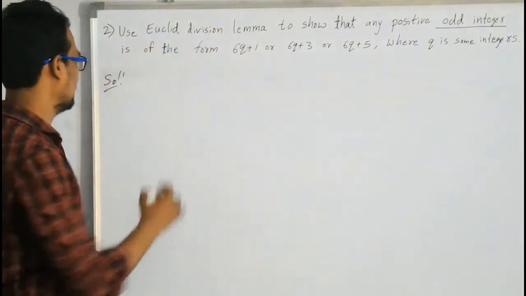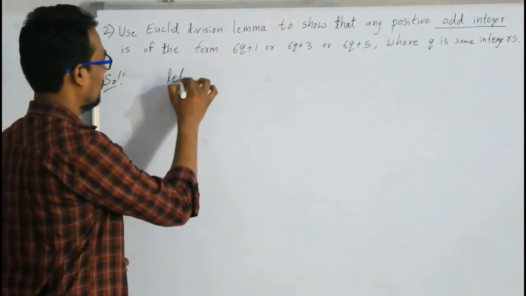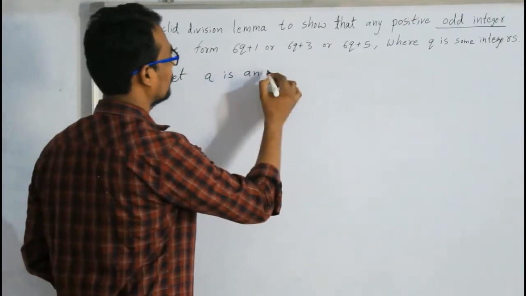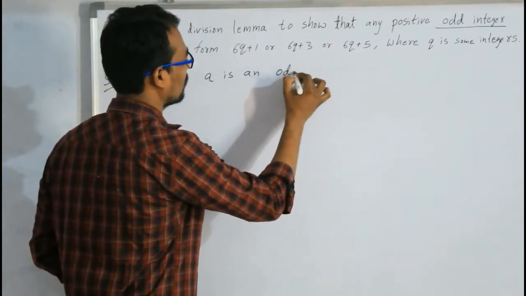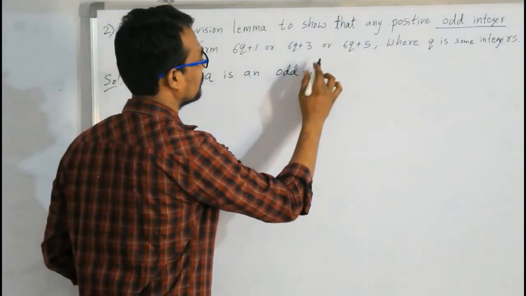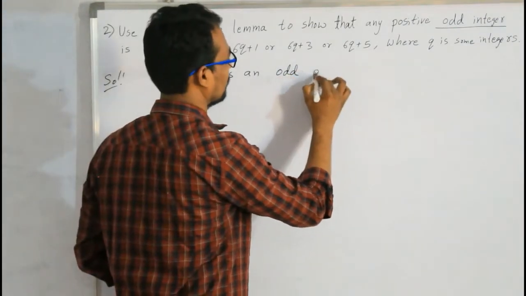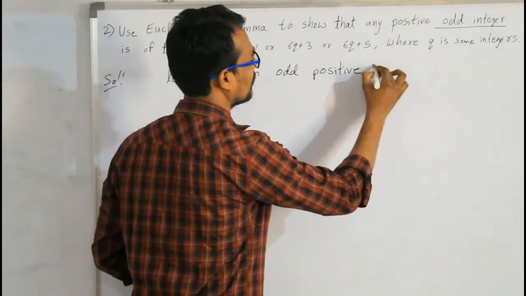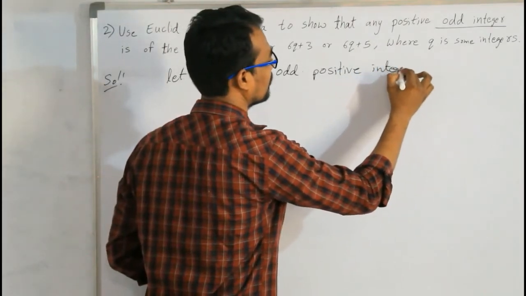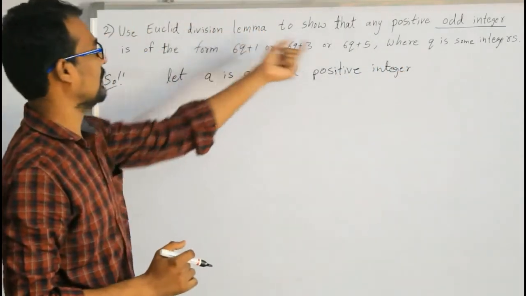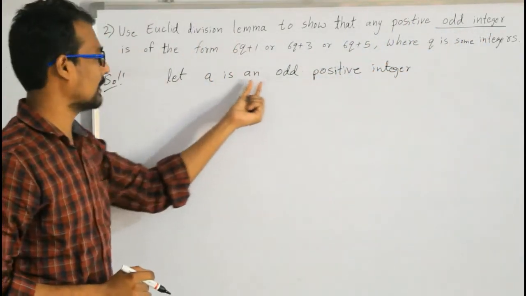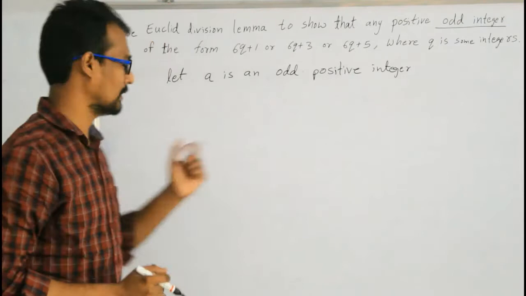So let a be an odd positive integer. Here it is asking about any positive odd integer, so here also let a be an odd positive integer. We think so.